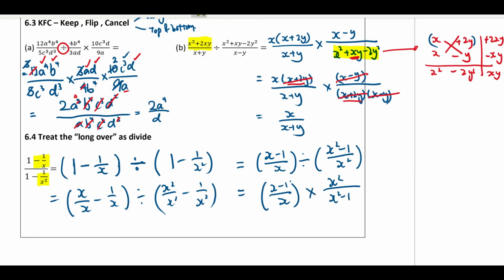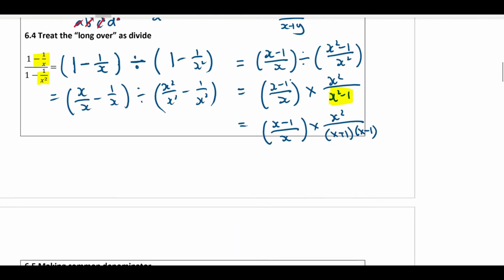At this point of time, you should be very sensitive. x squared minus 1 is x plus 1 times x minus 1, algebraic rule number 3. And this is where this guy and this guy cancel. 1x and 1x cancel. Final answer is x over x plus 1.